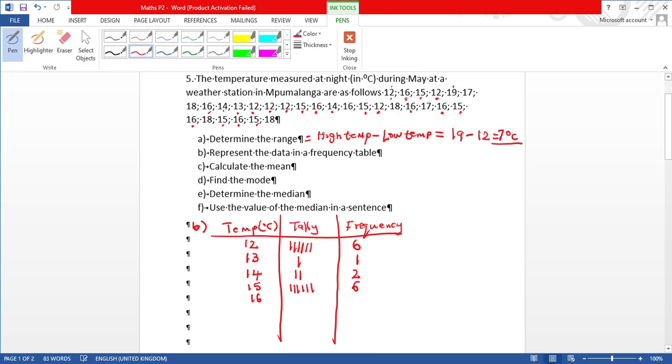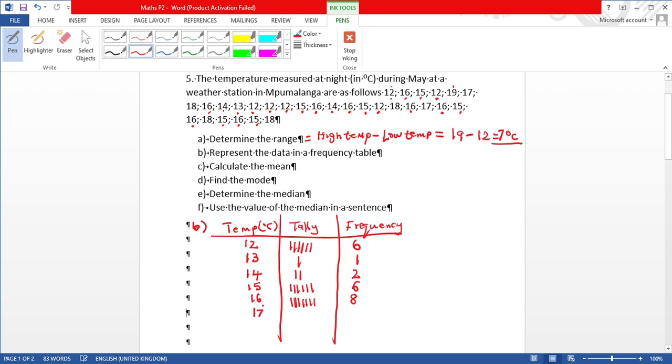We've got 1, then we had 2, 3, 4, 5, 6, 7, 8 16s. So it's going to be 8 marks. So 8 for 16. You have a lot of 16s in our data.